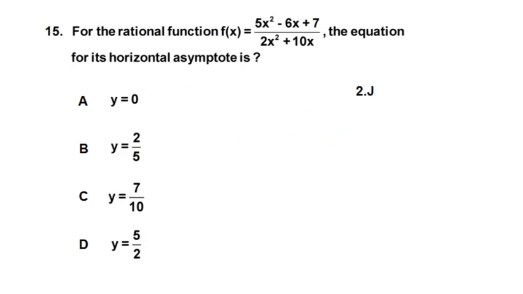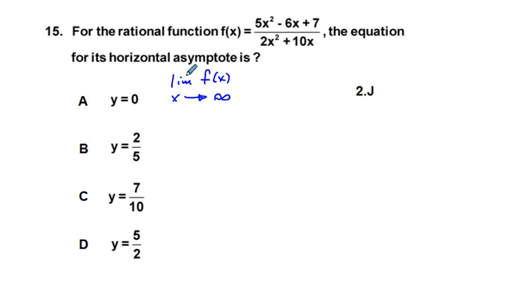15. For the rational function f(x) equals 5x squared minus 6x plus 7 over 2x squared plus 10x, the equation for its horizontal asymptote is? Well, horizontal asymptote is also the limit as x approaches infinity of f(x).